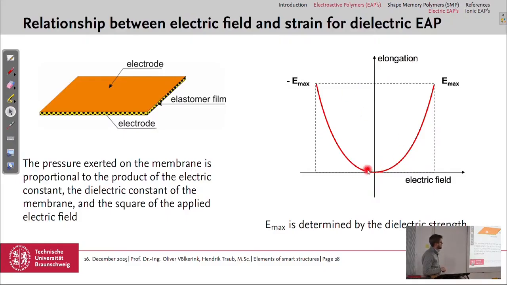So in this range we need a rather large change in electric field to get a change in elongation, and then since it's squared, here we only need small changes in electric field to get high elongations.